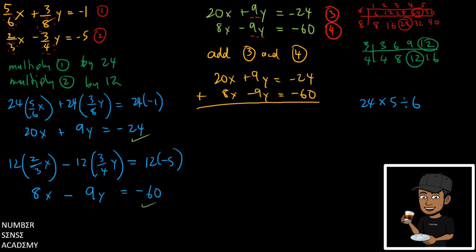So 20x plus 8x, that's 28x. 9 plus minus 9 is 0. Don't really care what it is. Then negative 24 plus, or negative 24, I feel like I made a mistake somewhere, hopefully not. Negative 24 minus 60.